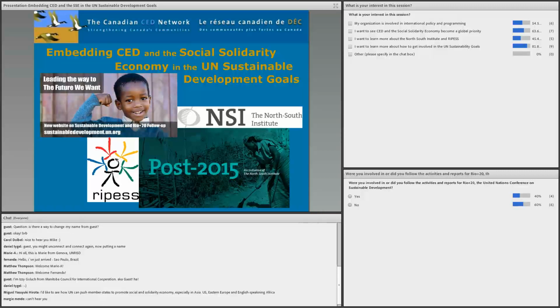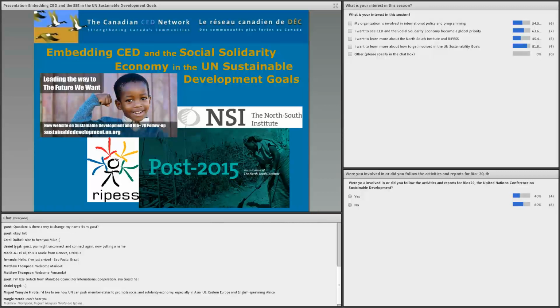So before I turn things over to Shannon, let's just have a look at the poll results. A good mix of interest in the session. It looks like most people are interested in getting involved to influence the UN sustainability goals, so that's terrific. I think that's where much of the discussion will land.